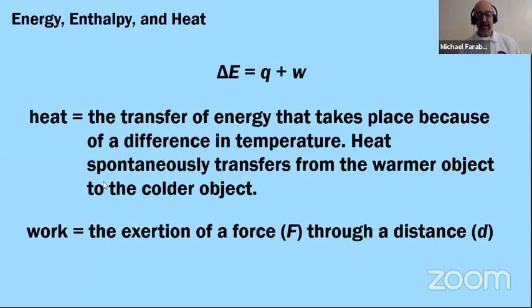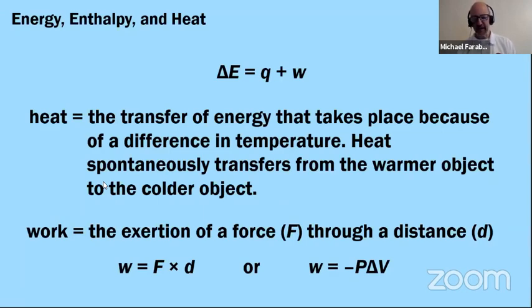Work is the exertion of a force through a distance, and sometimes represented in physics as force times distance, or it can also be represented as negative pressure times the change in volume. And there's a negative sign there because if work is being done on the system, while that's a positive value, the delta V would be negative.